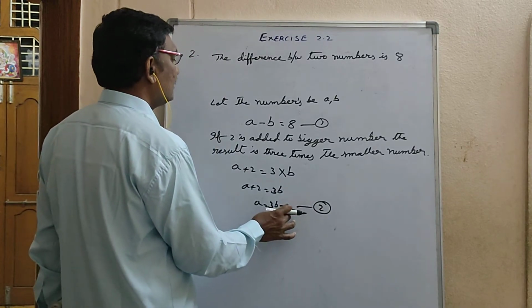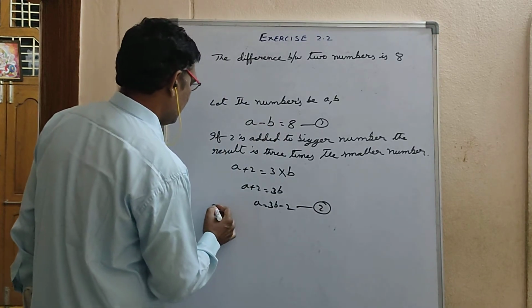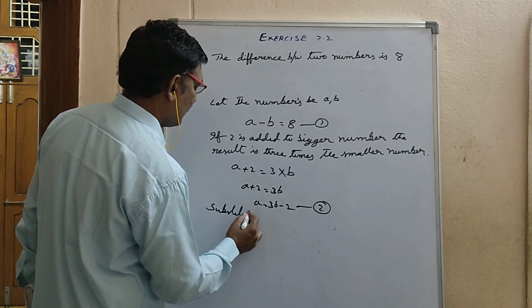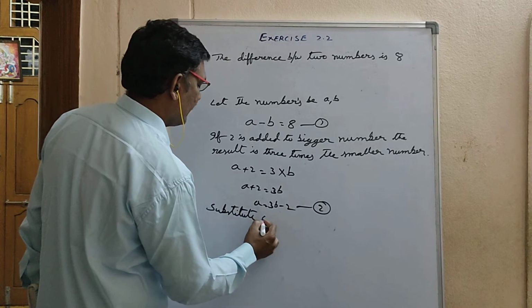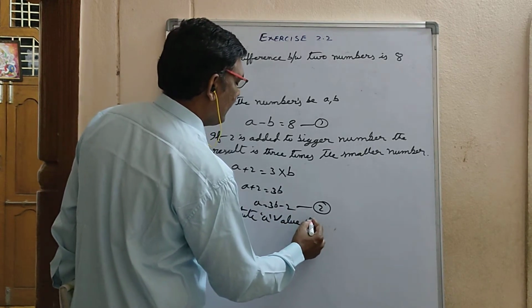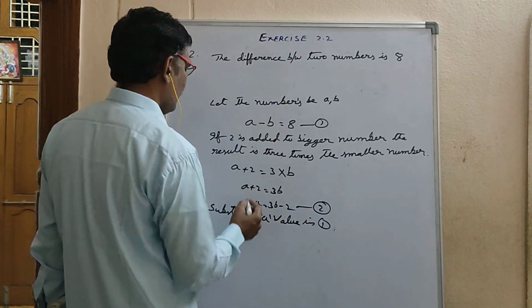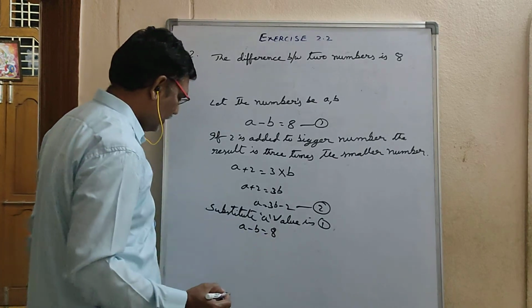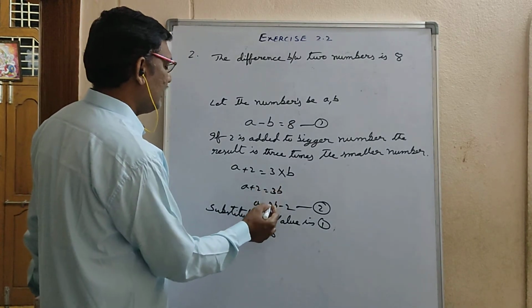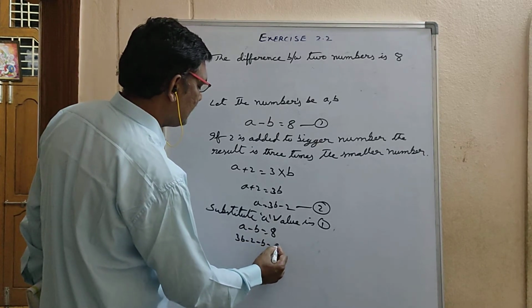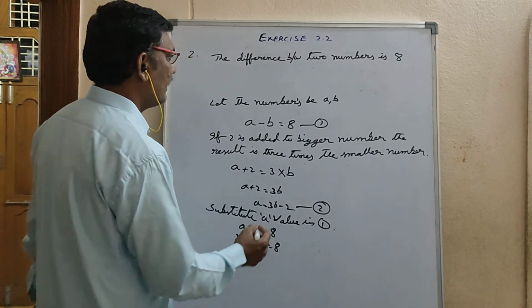This A value, substitute here. Substitute A value in 1. So here A minus B is equal to 8 or not? A means what here? 3B minus 2. 3B minus 2 minus B is equal to 8. Okay, I'll do it here.